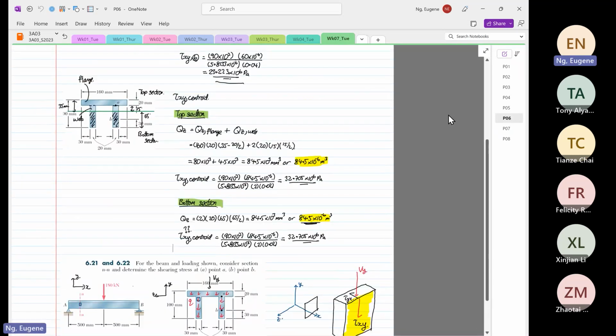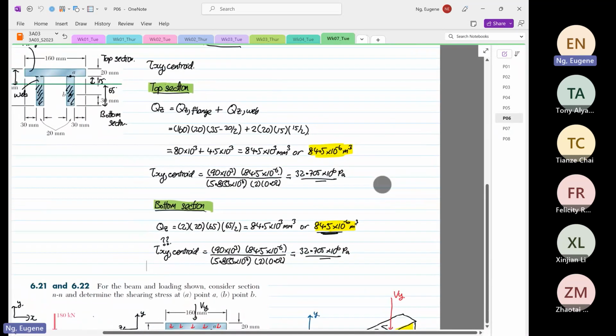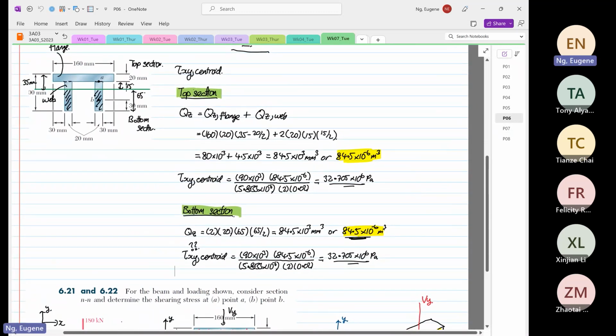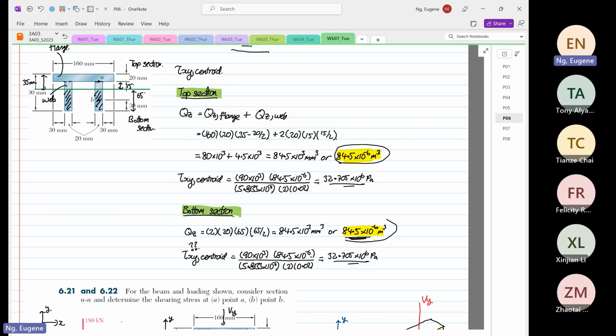Remember, we wanted to find the shear stress at the centroid from the top section or the bottom section. The maximum first moment of area are the same. So likewise, when you do the shear stress equation, whether you take from the top or from the bottom with constant thickness, I highlight again, with constant thickness, the equation should be the same.